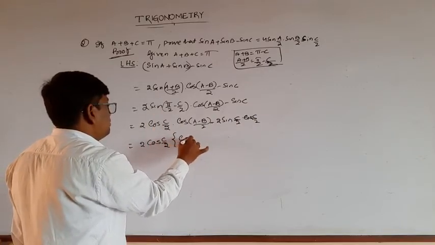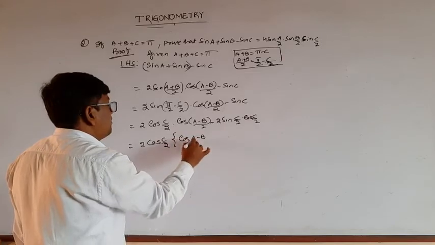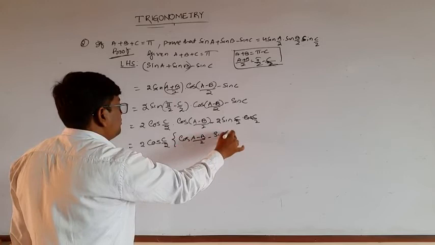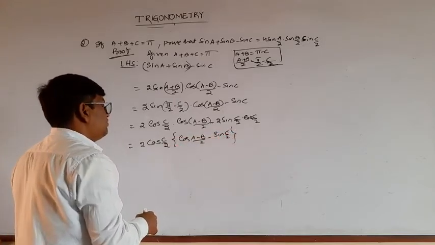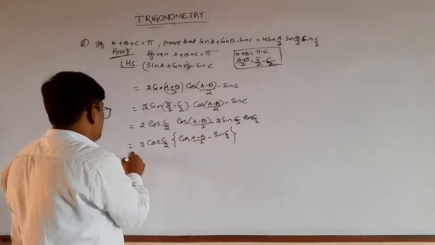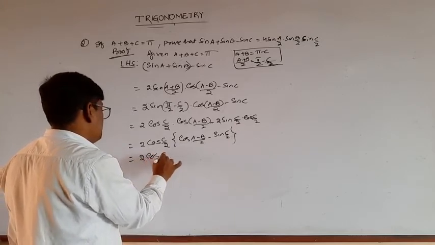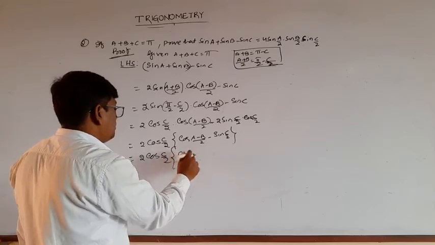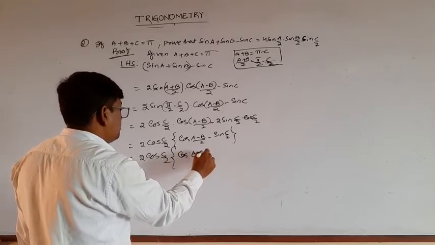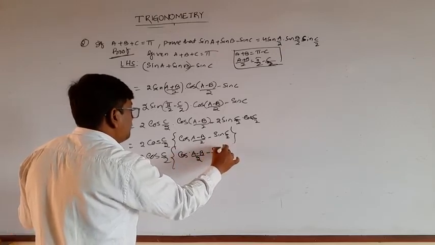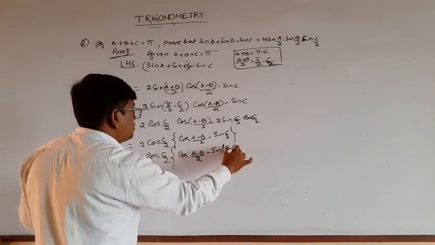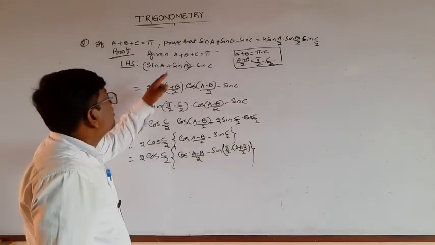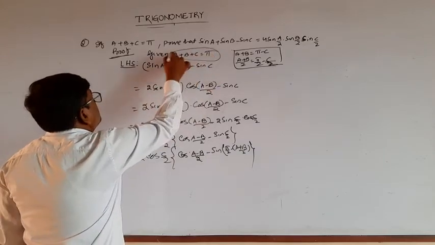Here cos((A minus B) by 2) minus sin C by 2. C by 2 is equal to pi by 2 minus (A plus B) by 2, because A plus B plus C is equal to pi.